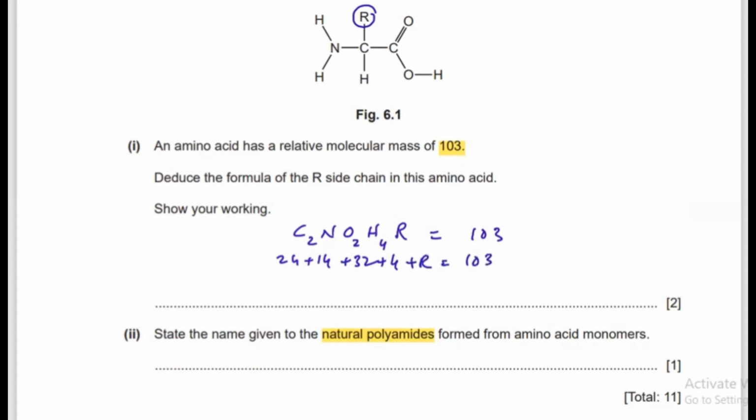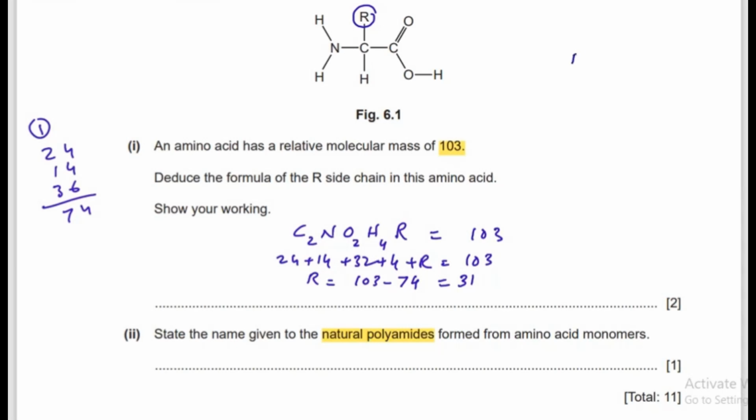So 24 plus 14 plus 32 plus 4 is 74. So R is equal to 103 minus 74. It is 29. Now you have to predict the formula of the R group.